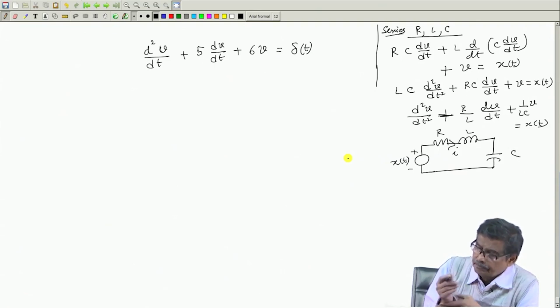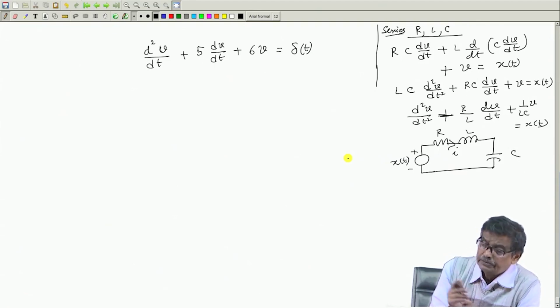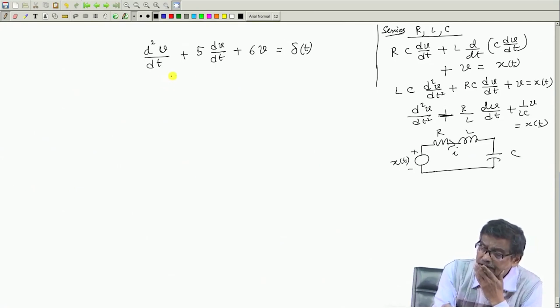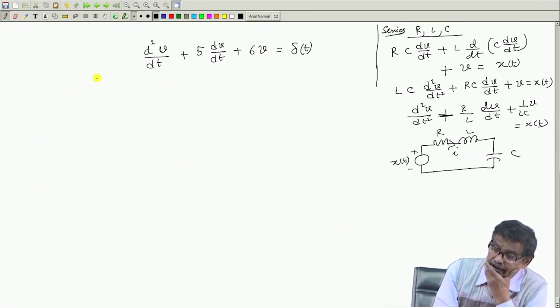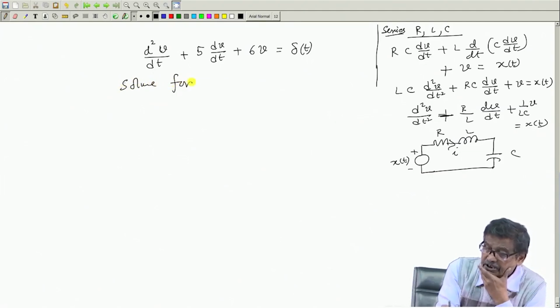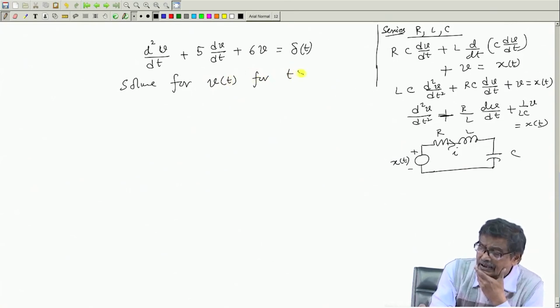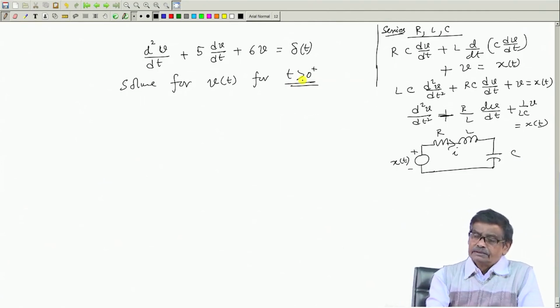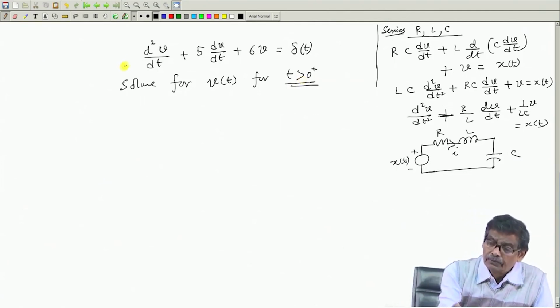Now, in such a situation, I must know what initial conditions I must give. So, what is the problem at hand? The problem at hand will be to solve for v(t) for t greater than 0 plus. And what are the boundary conditions given?